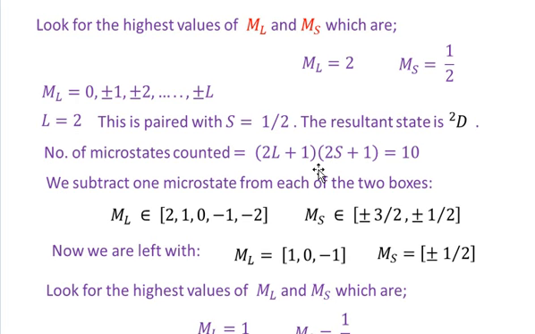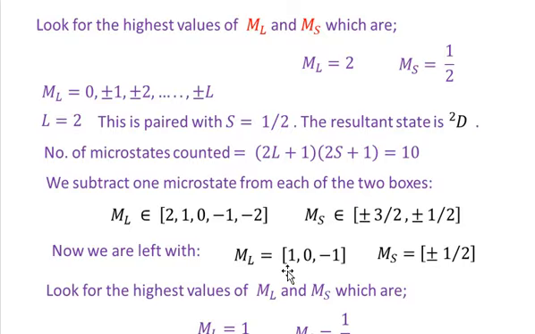Now we subtract one microstate from each of the two boxes. So you see that initially our ML values were 2, 1, 0, minus 1, minus 2, and MS values were plus minus 3 by 2, plus minus half. So you see that I am going to subtract the highest values of these. So I am going to eliminate 2 from this set, and of course minus 2 will also be eliminated.